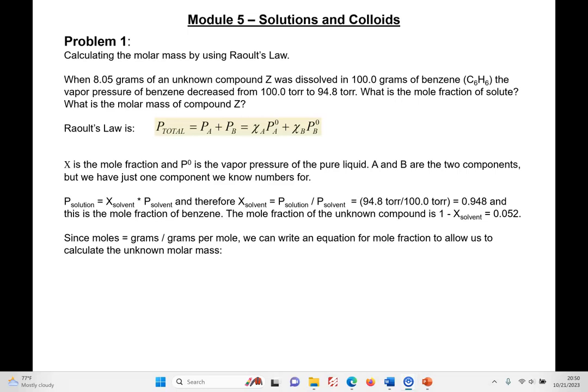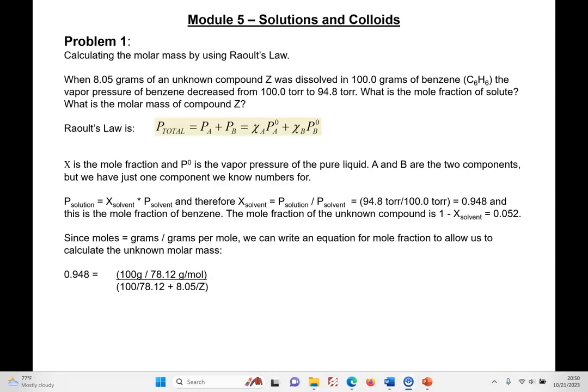Now, we also know that moles is just grams divided by grams per mole. So we can write this equation for mole fraction to allow us to calculate the unknown molar mass. Okay, so we have benzene, which would be 0.948, and that's our mole fraction. That's equal to 100 grams of benzene, which is given in the problem, divided by the molar mass.